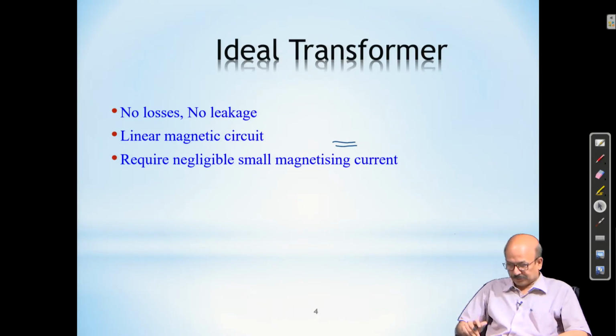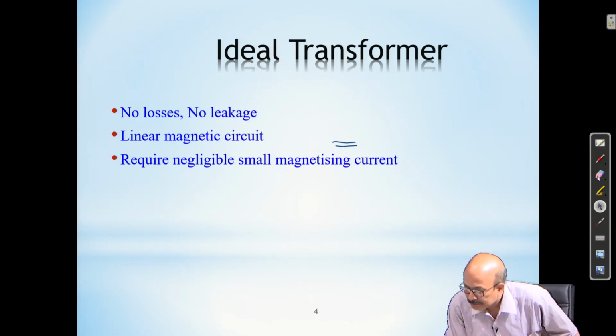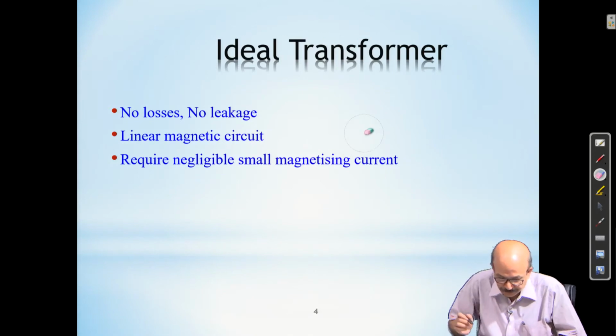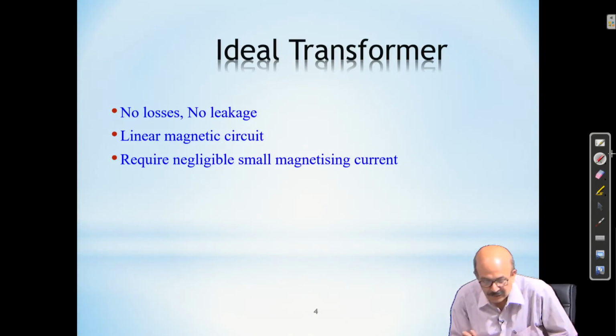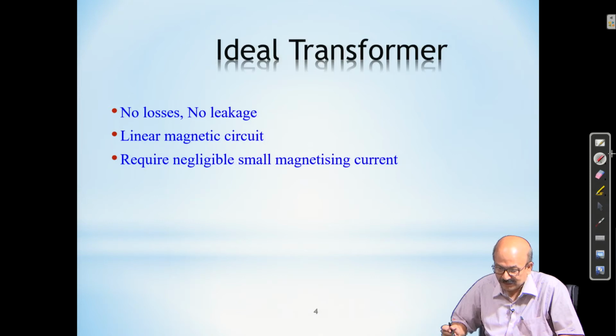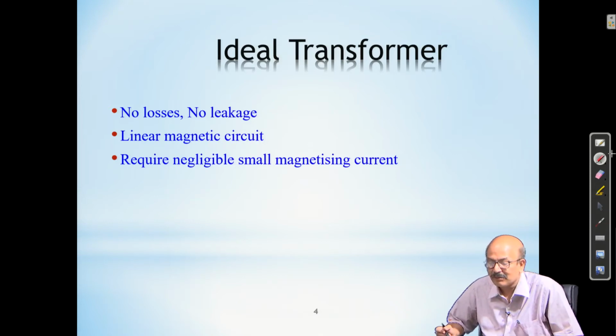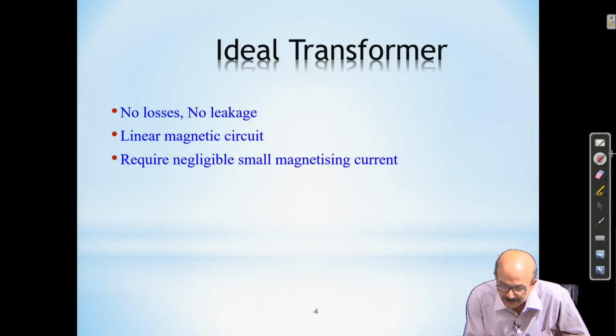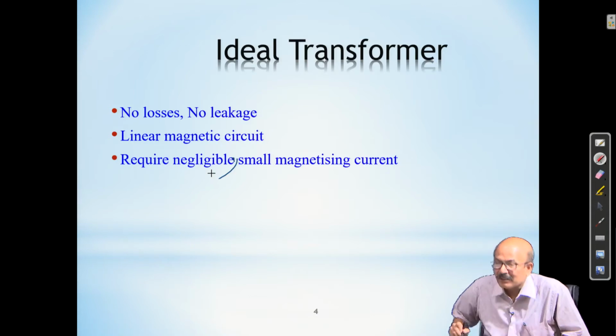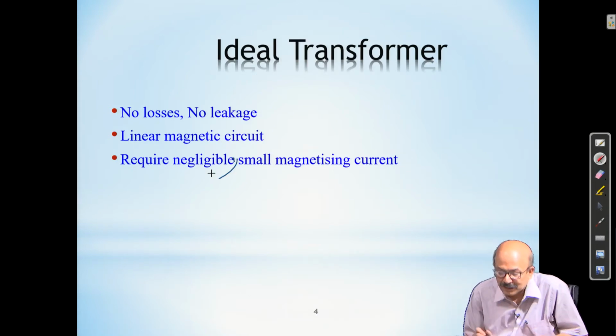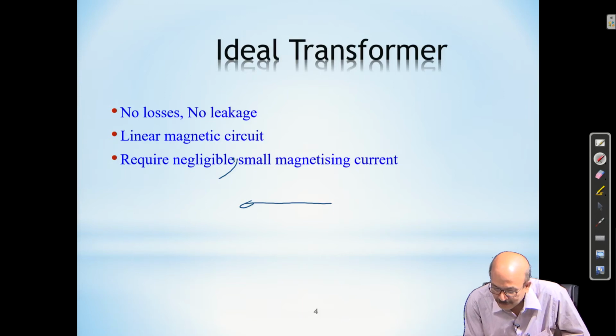Ideal transformer. The ideal transformer part we already learned yesterday. Ideal transformer: no loss, no leakage, linear magnetic circuit, requiring negligibly small magnetizing current. So, if you would like to model an ideal transformer, it is simple.